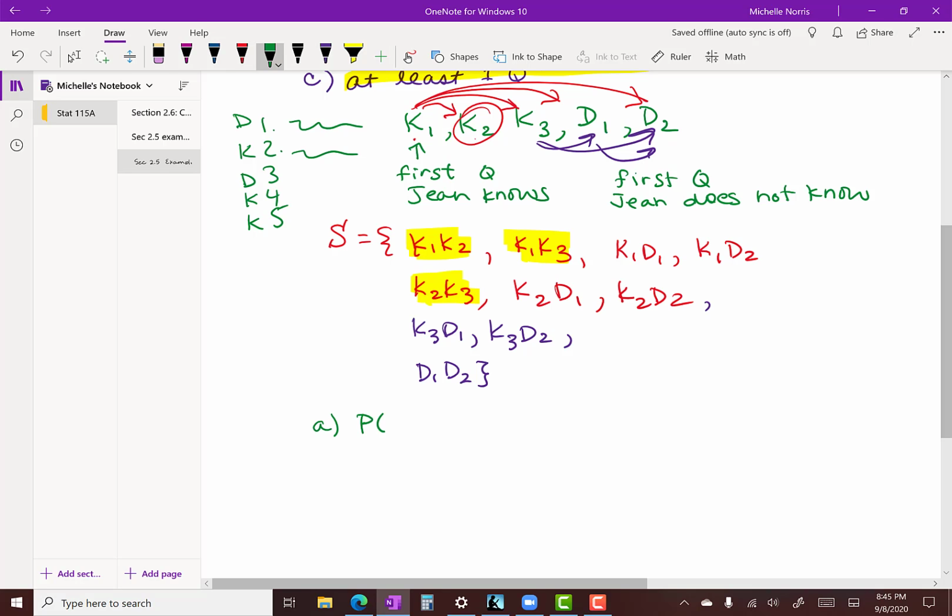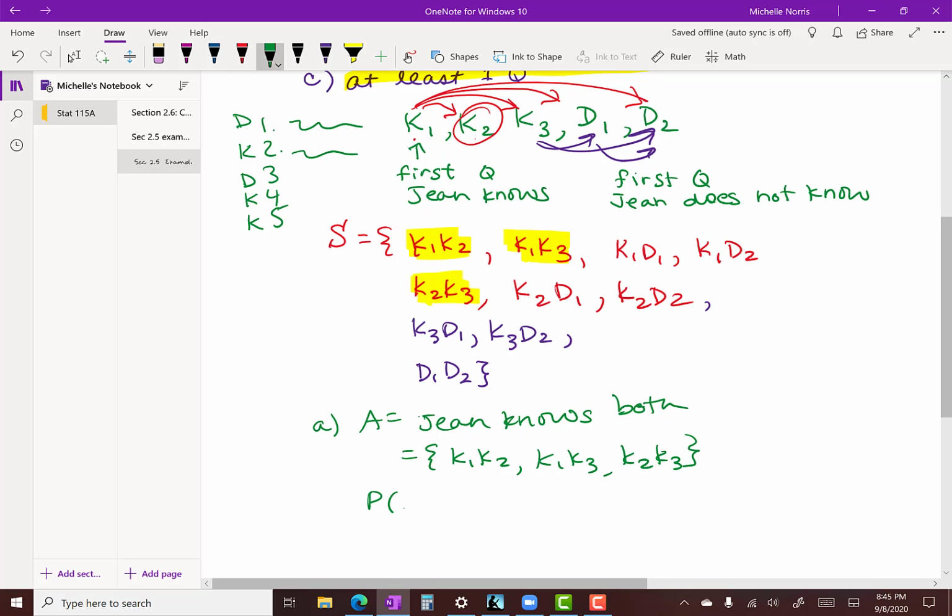Probability she knows both. Let's let that be event A. A is the event Jean knows both. We can write out the outcomes: K1, K2, K1, K3, K2, K3.